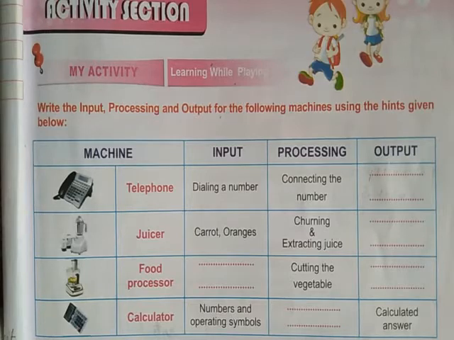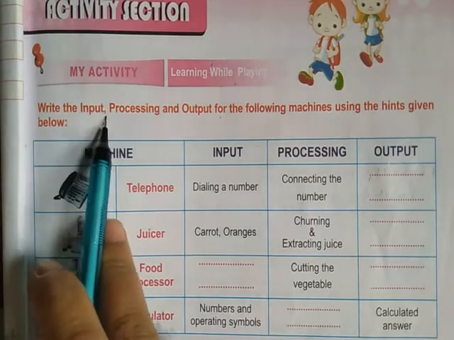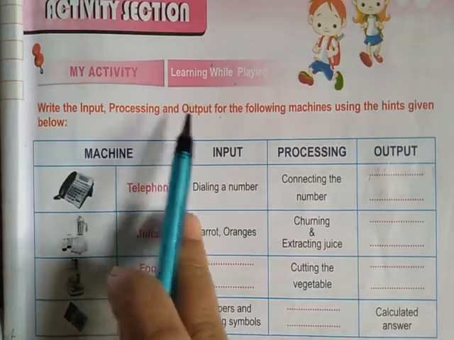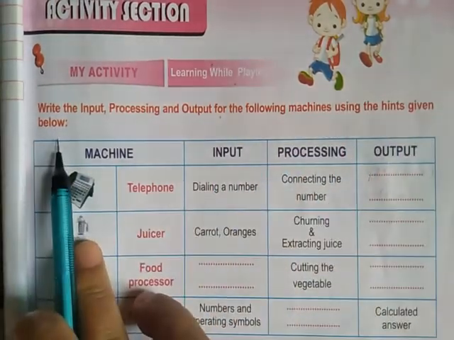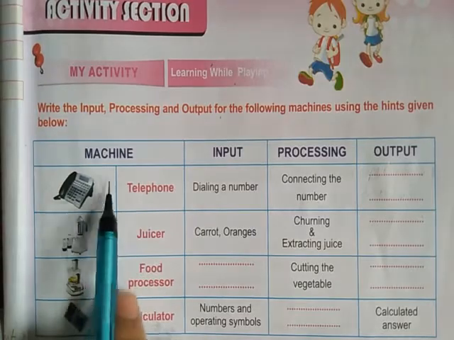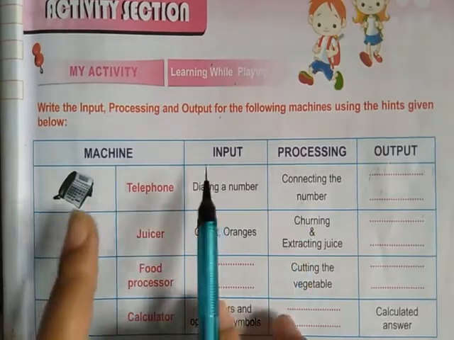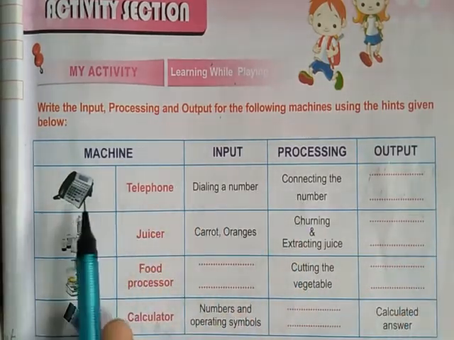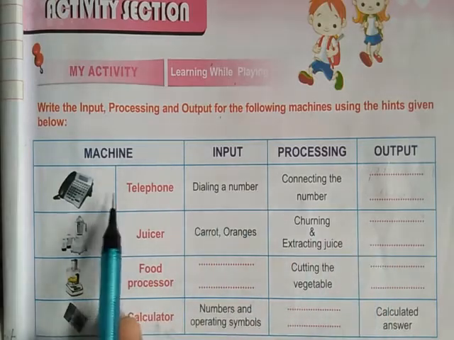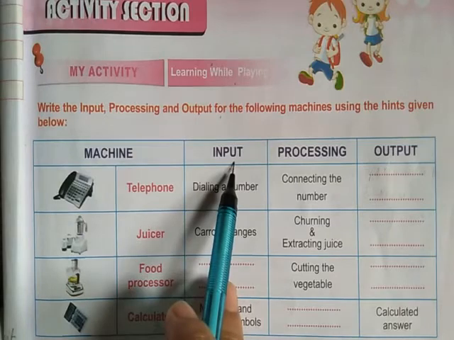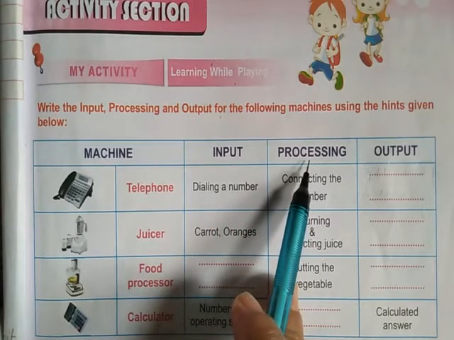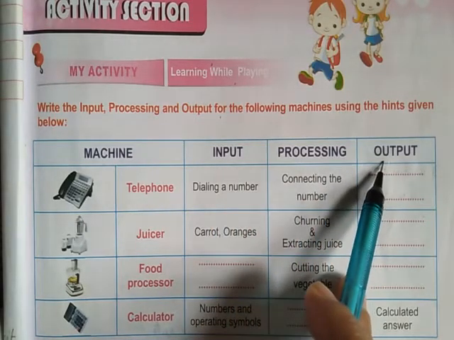Your first activity is, write the input, processing and output for the following machines using the hints given below. In this, see children, 4 columns are available. First one is machine, second one is input, third one is processing, and the fourth one is output.